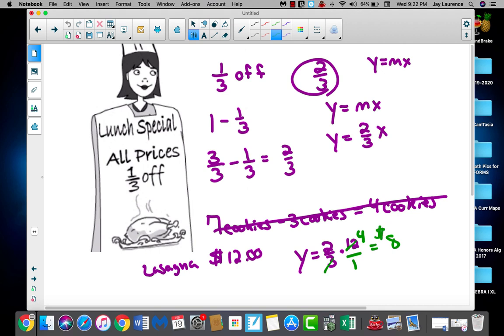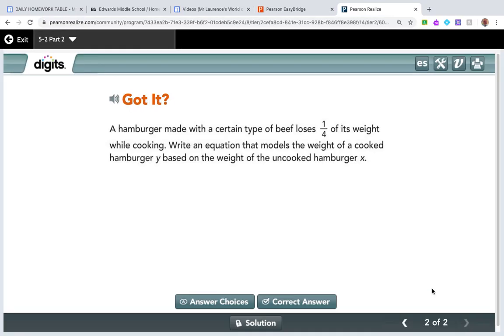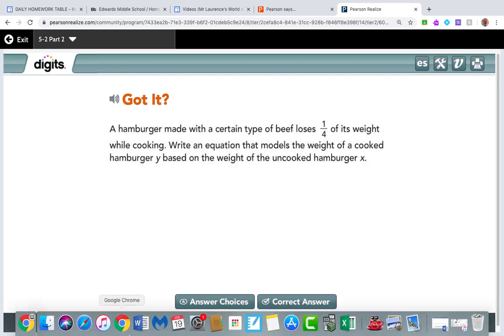That's that specific problem. All right, let's look at the second example of that. And it will be right here. And it says, a hamburger made with a certain type of beef loses 1/4 of its weight. If it loses 1/4 of its weight, how much weight does it keep? Well, hopefully you're saying 3/4, right?